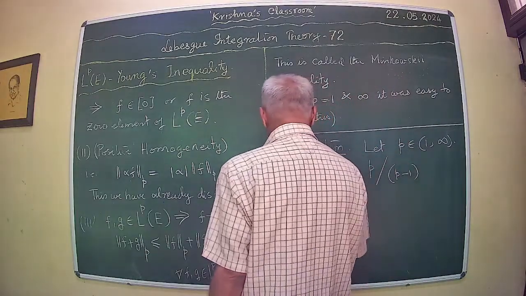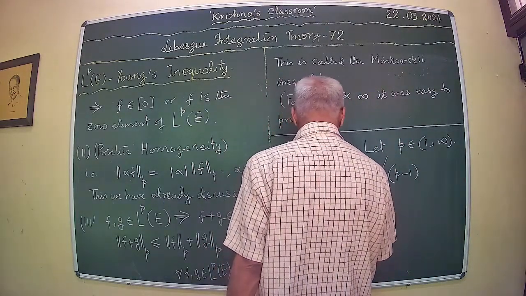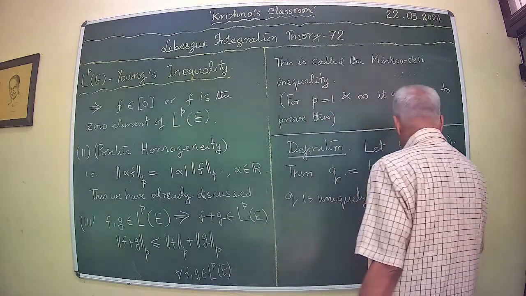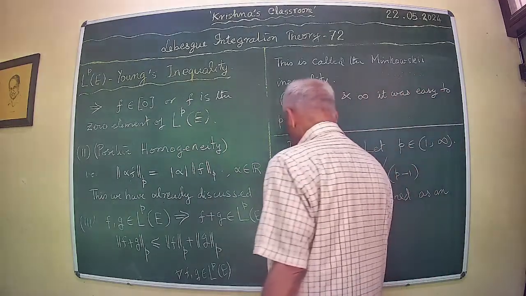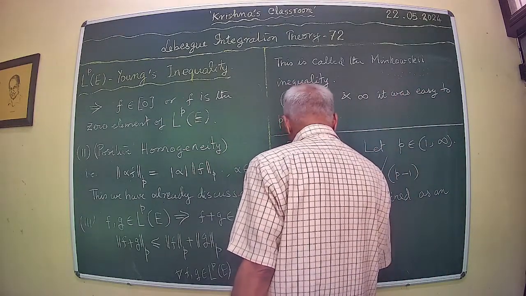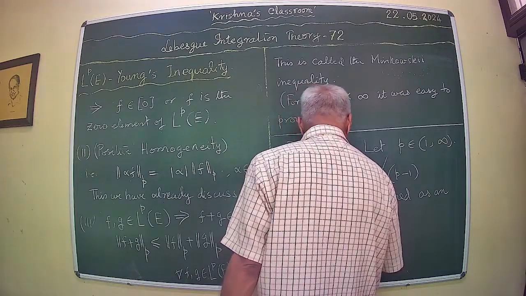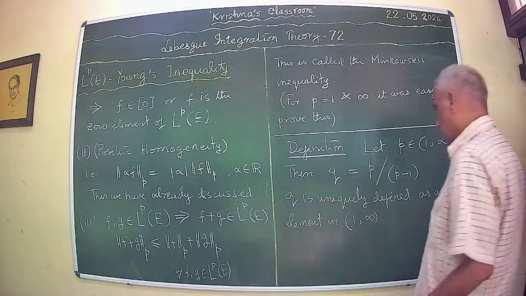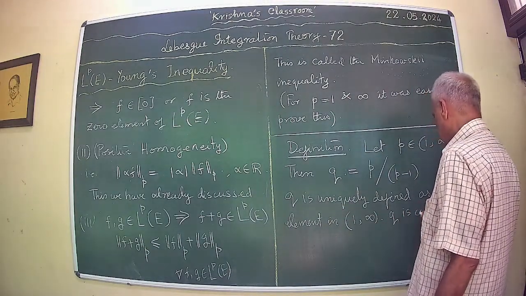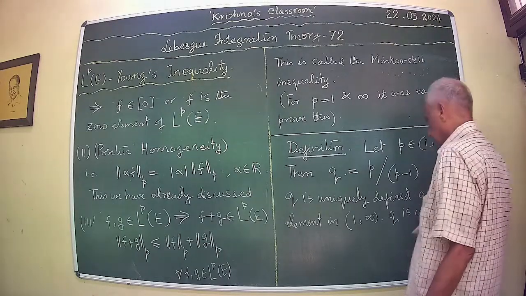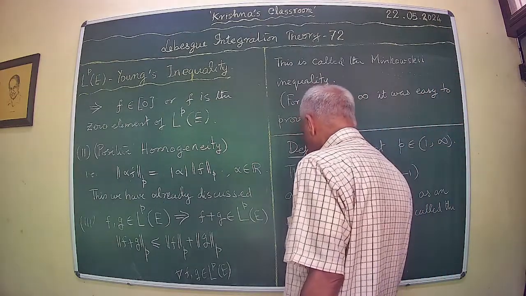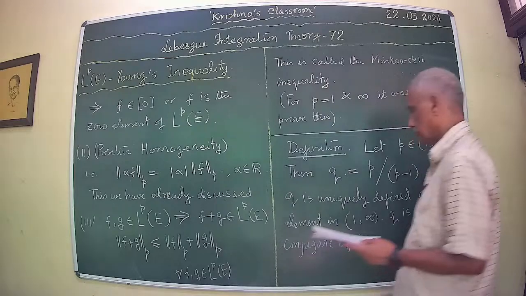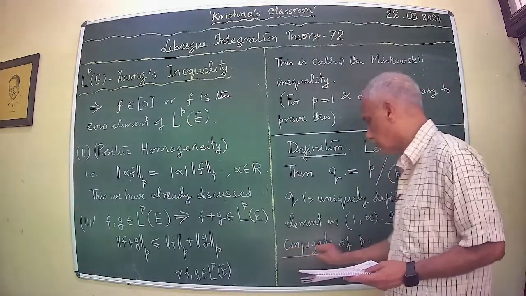This is when Q is uniquely defined. Q is called the conjugate of P. Q is called the conjugate. That is the term.